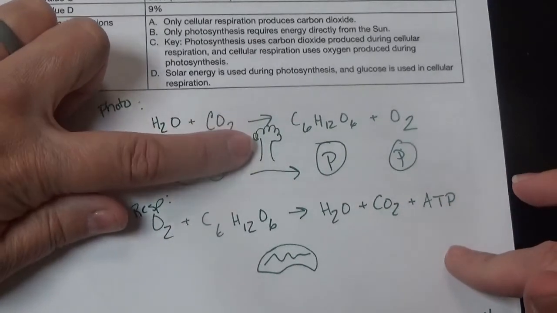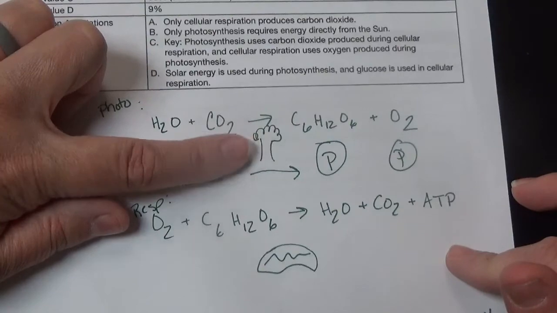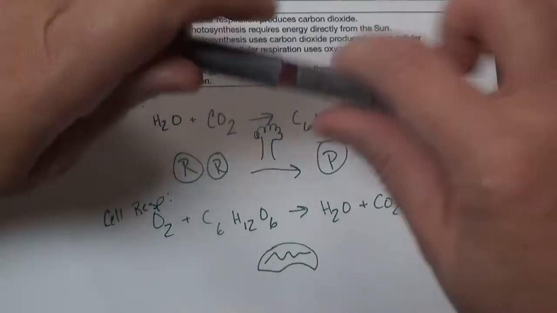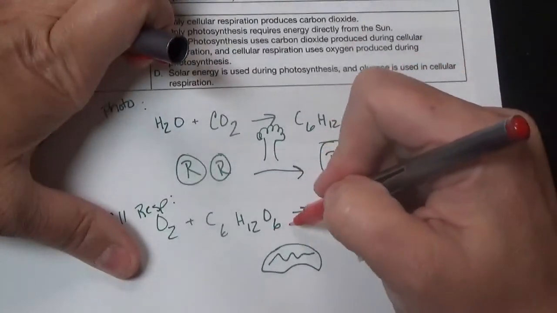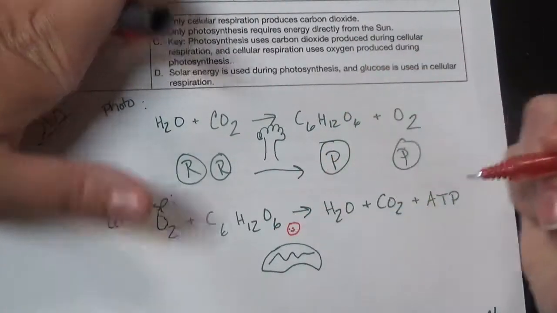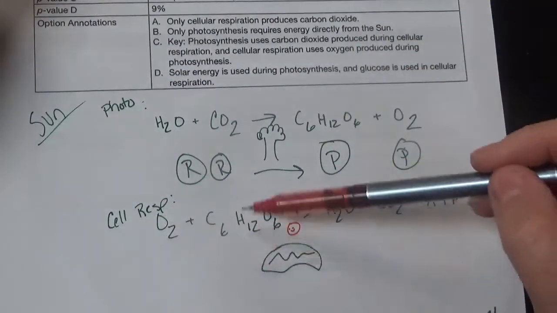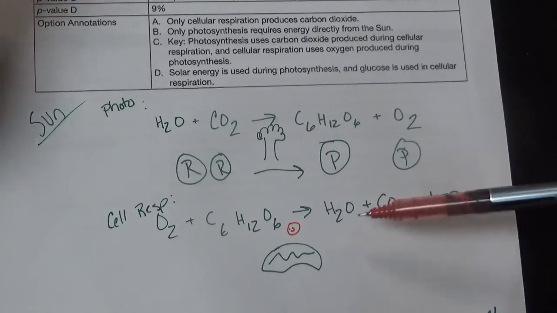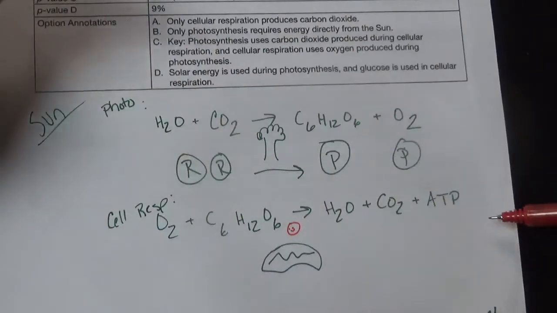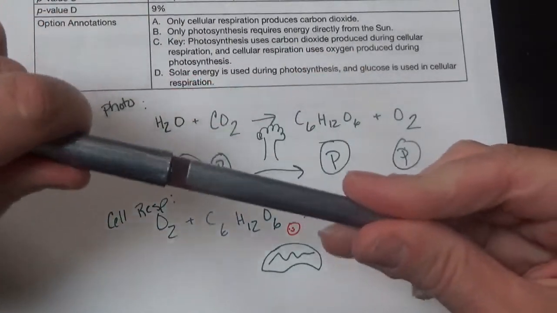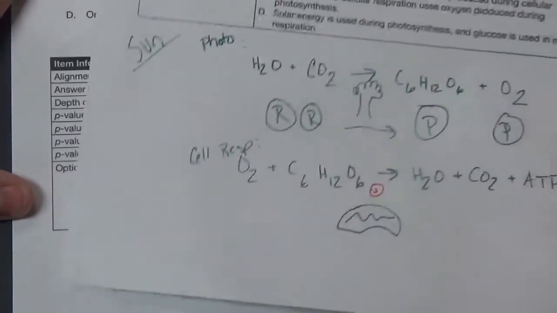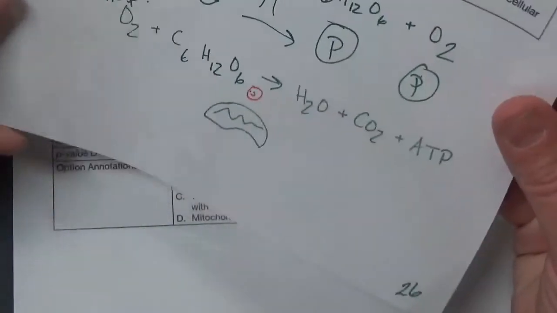I always draw a plant to help me remember what goes into photosynthesis, and I usually draw a little person. This time I just drew a mitochondria, but I draw a little person and I think about that person taking in glucose, taking in oxygen, blowing out carbon dioxide and water, and then having ATP as the byproduct. So I really use my scrap paper a lot when I'm thinking my way through these questions, and I want you to do the same thing.